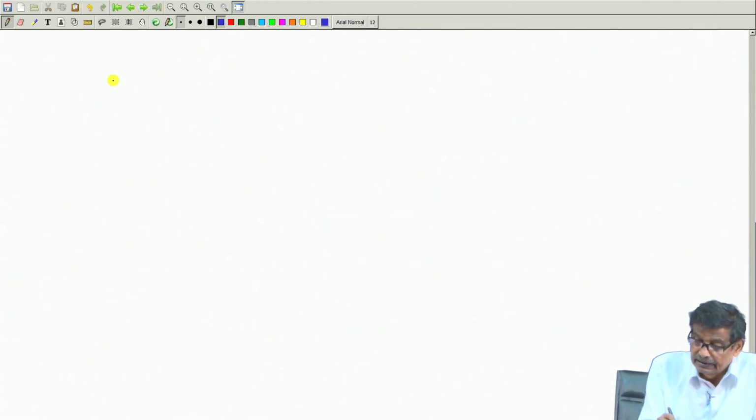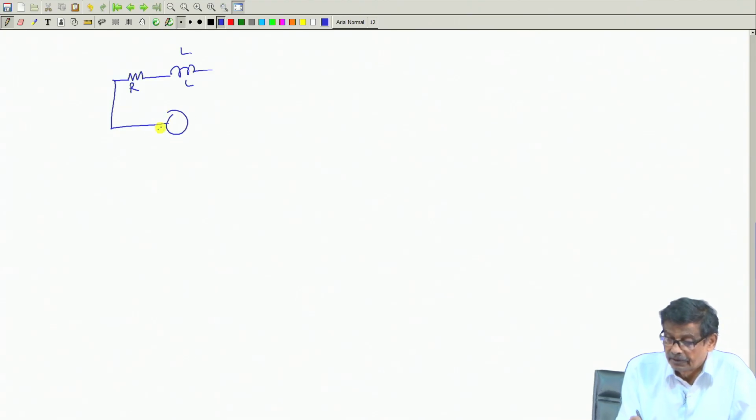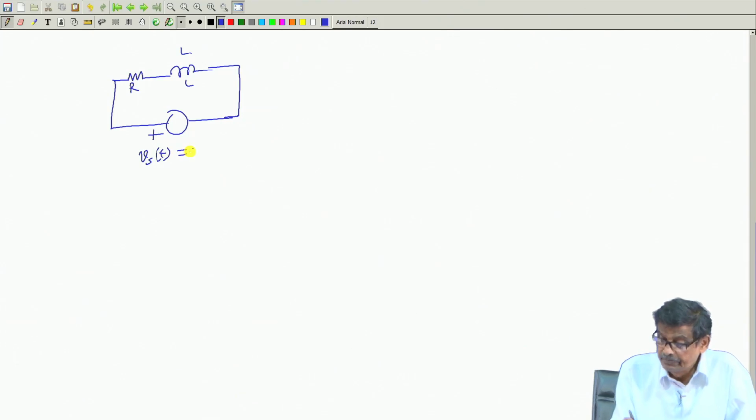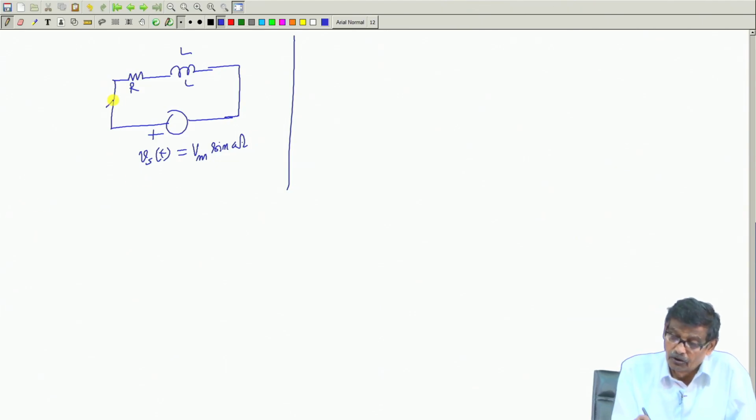Here is a circuit, R, L, and here is your supply voltage v(t). In the time domain, v(t) is equal to some Vm sin omega t, and the current will also be real.